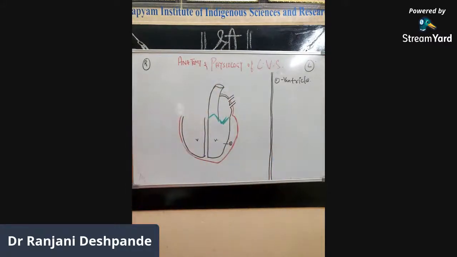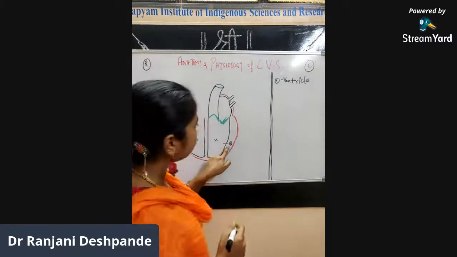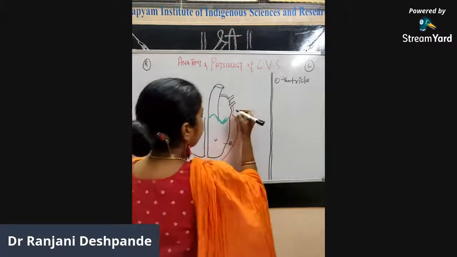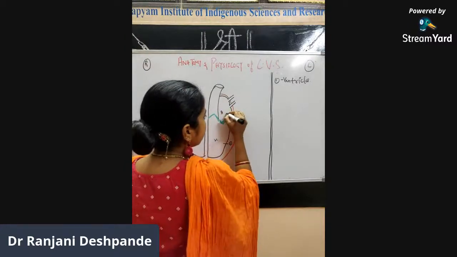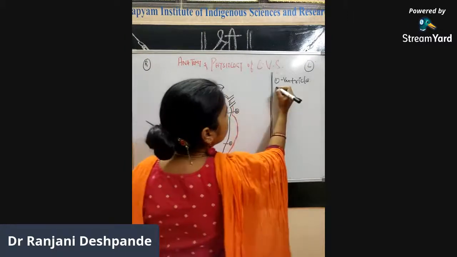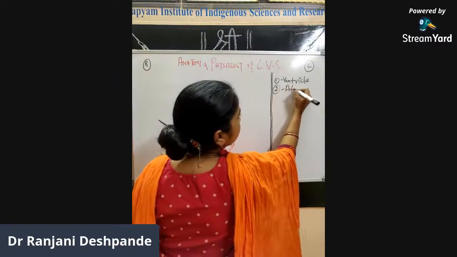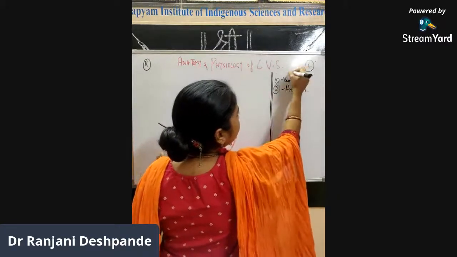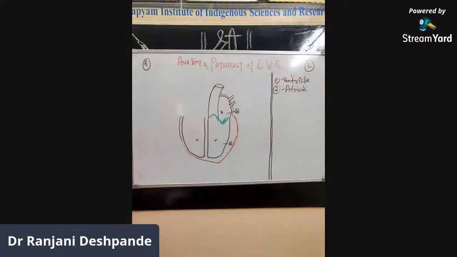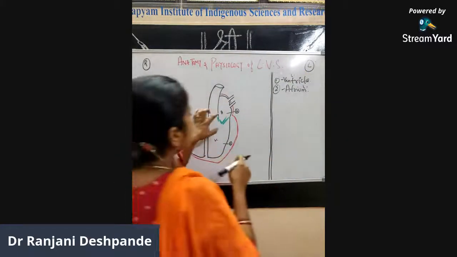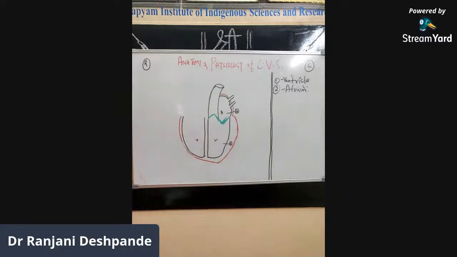Okay, so now we have the ventricle. Let us name this the atrium. So this is 2. 2 is the atrium. To be more precise, it is the left ventricle and the left atrium.